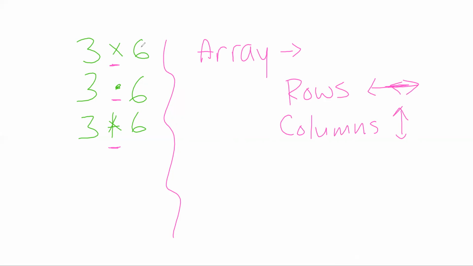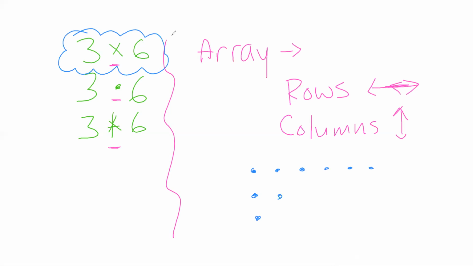We'll talk more in class about why, but this to me is saying, for example, I have 3 rows and in each row is 6. So I have 3 rows, 1, 2, 3. And each row has 6: 1, 2, 3, 4, 5, 6.